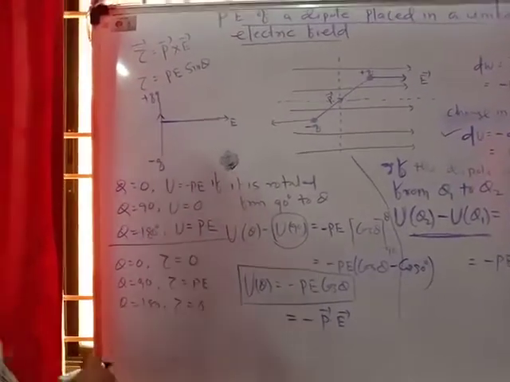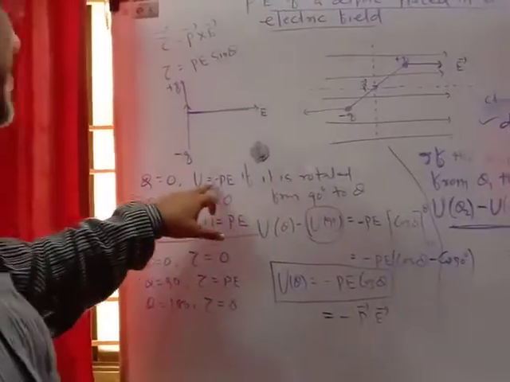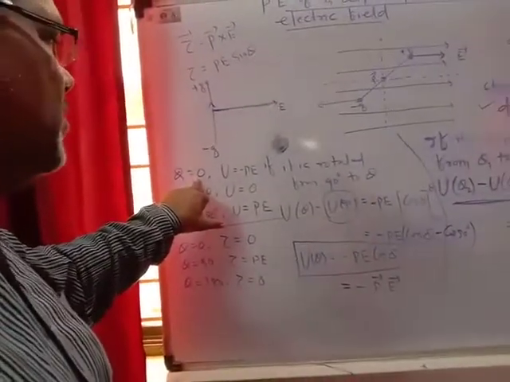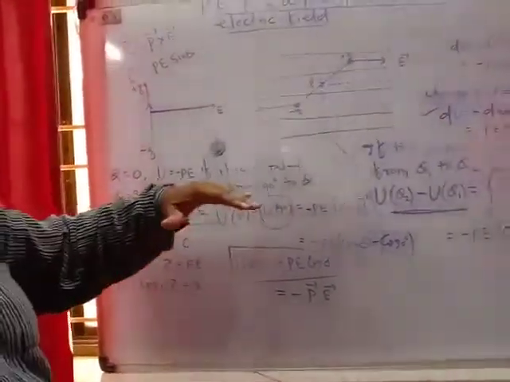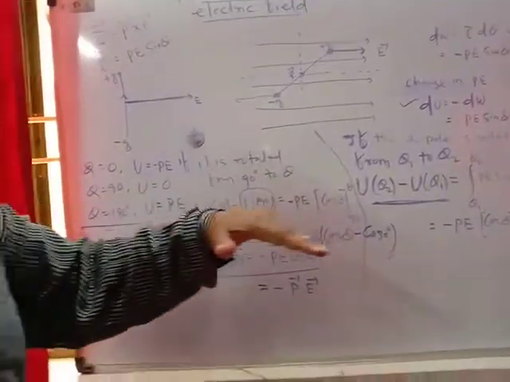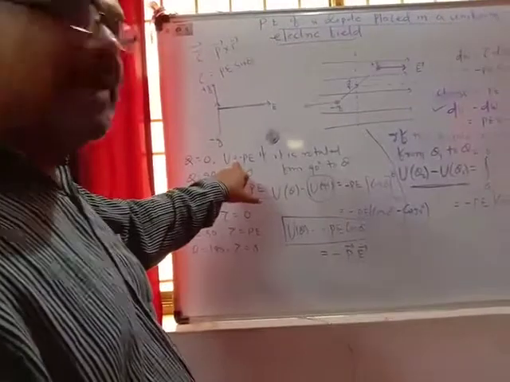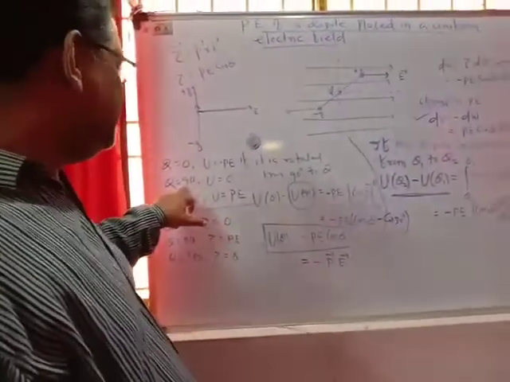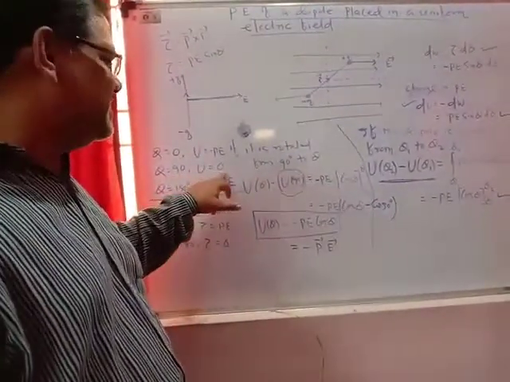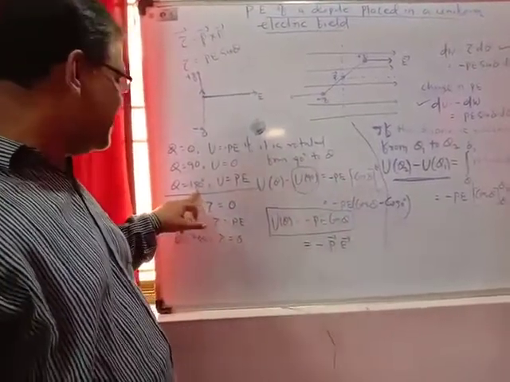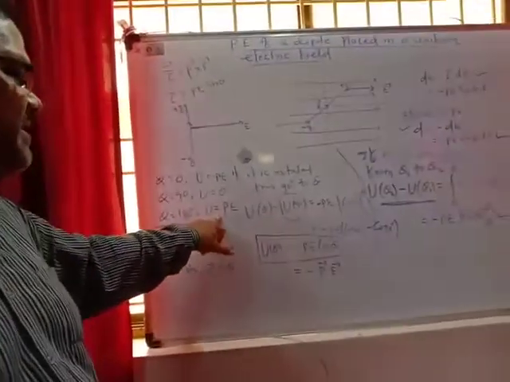So what happens here? You are getting the minimum potential energy whenever theta equal to 0, when the dipole is lying in the direction of the electric field, the potential energy becomes minimum, minus pE. When the dipole is at 90 degree, the potential energy is 0. When the dipole makes angle 180 degree, the potential energy is maximum.